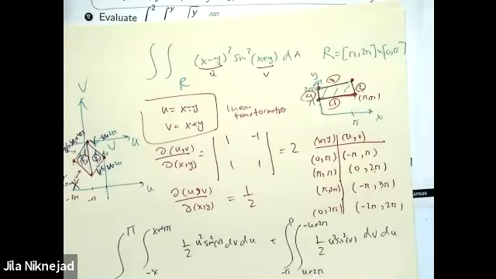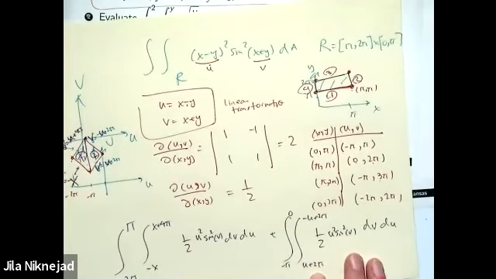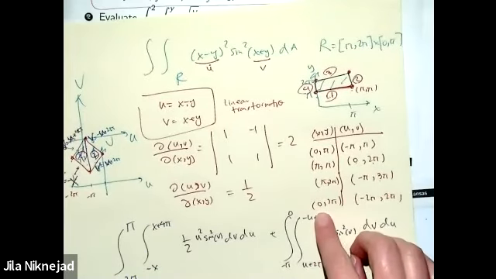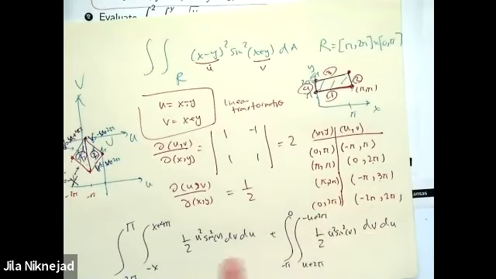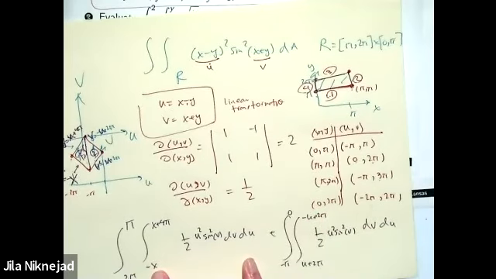I'm checking my, oh, wait. U plus 2 pi, minus U plus 2 pi. And this one is from negative U to U plus 2 pi.